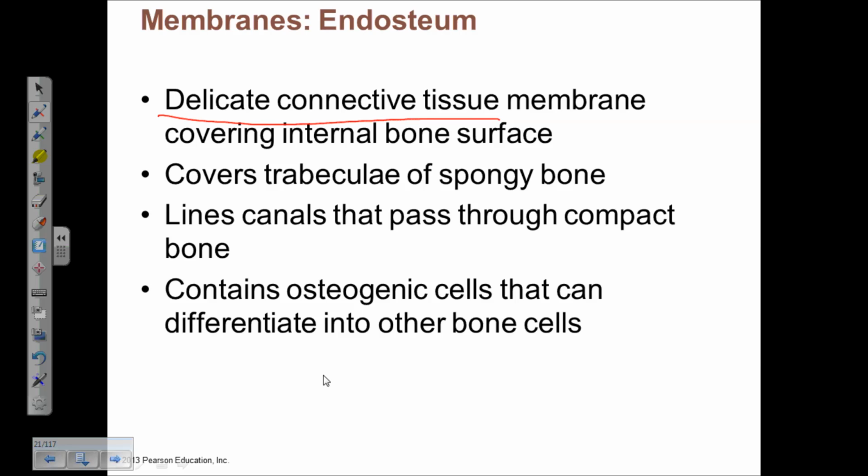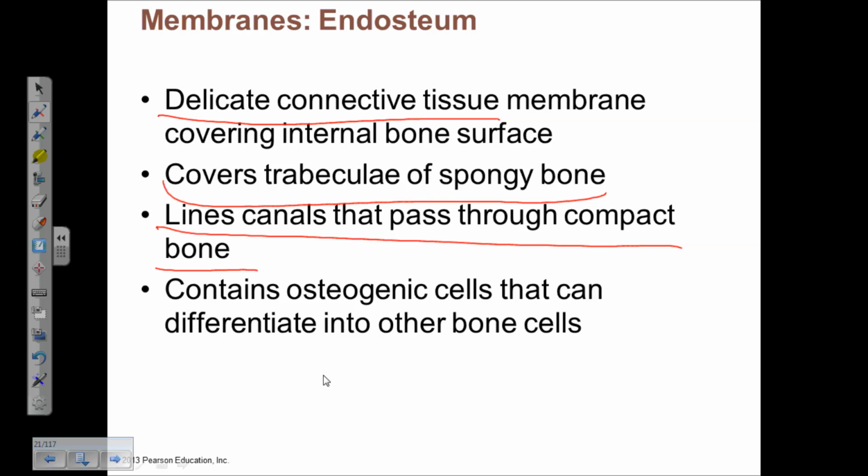The inside membrane, that is called endosteum, is, as I mentioned, a delicate connective tissue that covers trabeculae of the spongy bone and the internal surface of the medullary cavity. It also covers the surface of the canals that pass through the compact bones. There are two types of those canals: perforating canals and central canals.